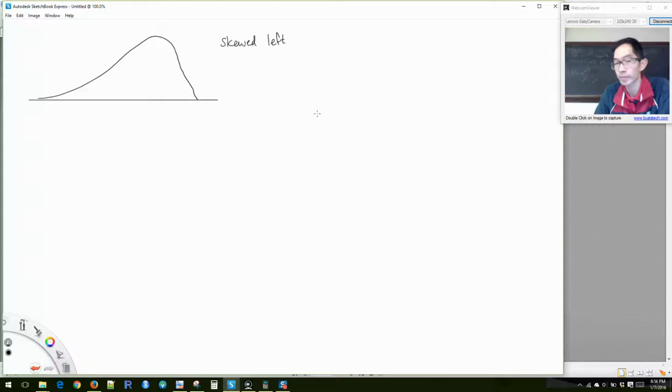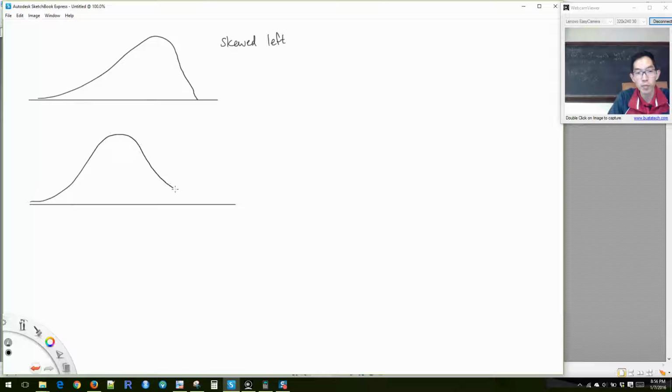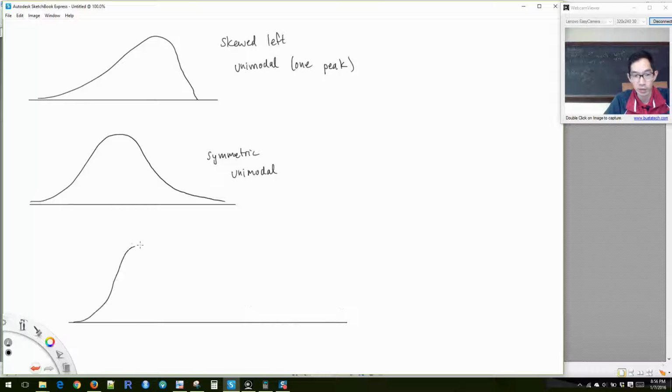We have symmetric, which would also be called unimodal because it has one peak. And then you can have something that looks like this. This would be bimodal.